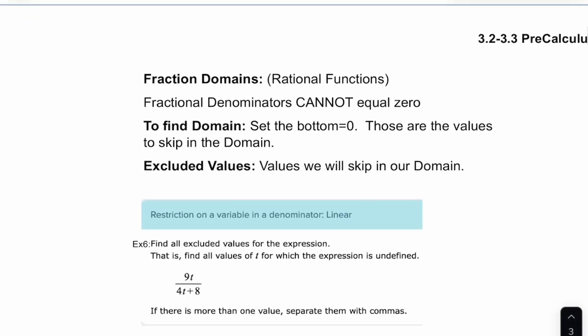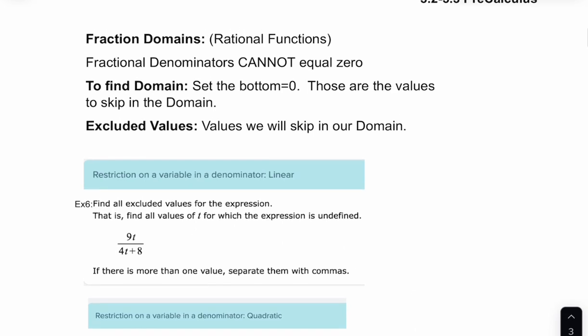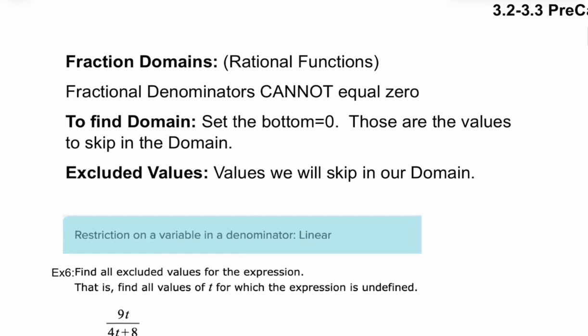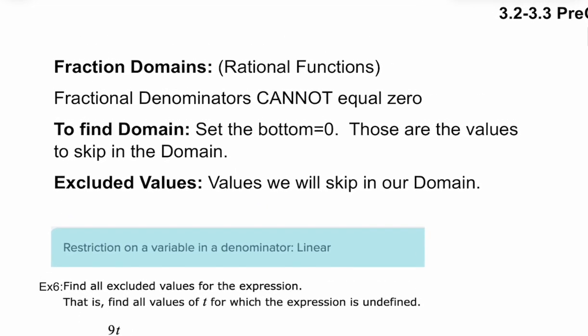Okay. So now let's talk about the things that do have problems. I told you polynomials, linear functions, those are all great. But there are some things that get messed up. And the first thing we're going to talk about are fractions. Fractional denominators cannot be equal to 0. So if we go to try to input something that makes that happen, it's going to make the fraction blow up.